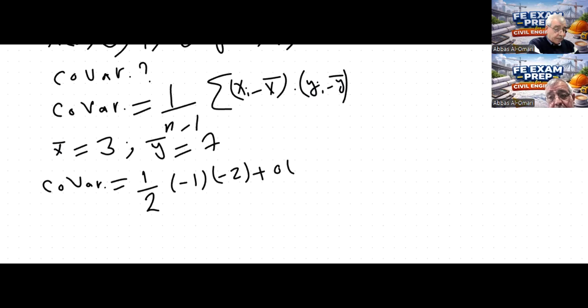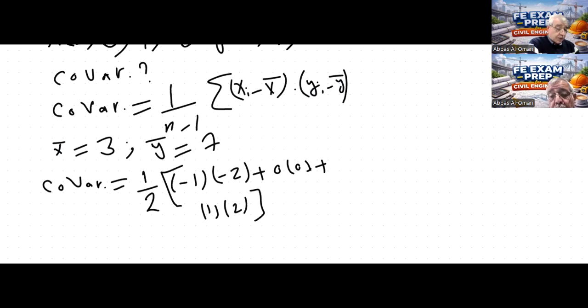Plus the third term, which is 4 in the x. So 4 minus 3, which is 1, multiplied by the y, 9 minus 7, which is 2.